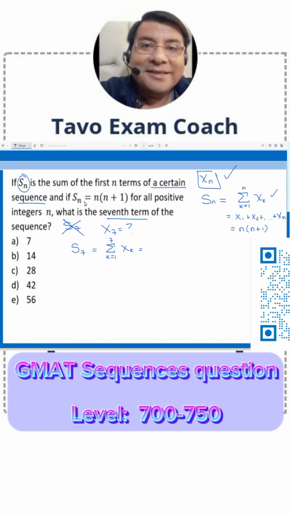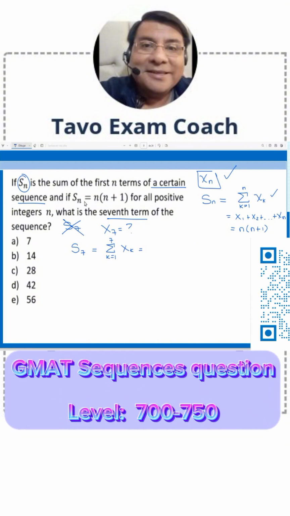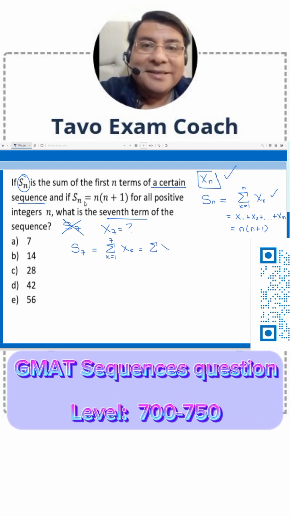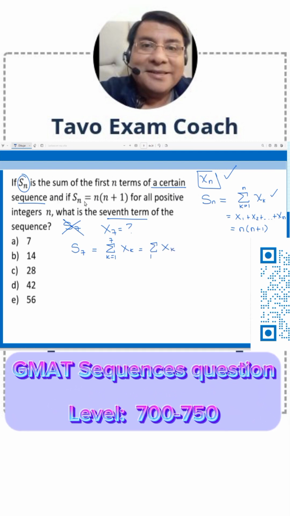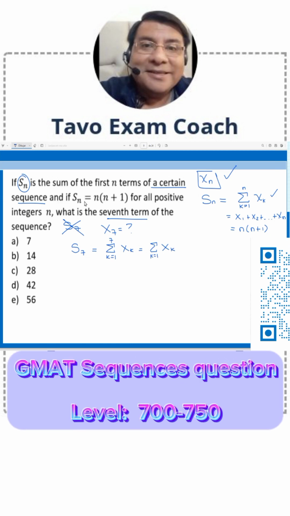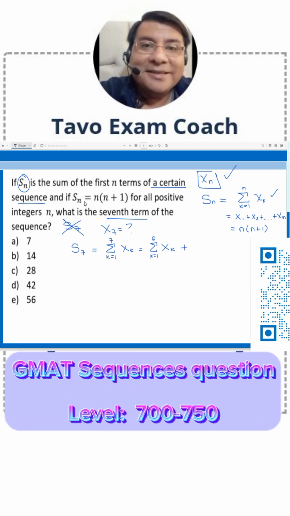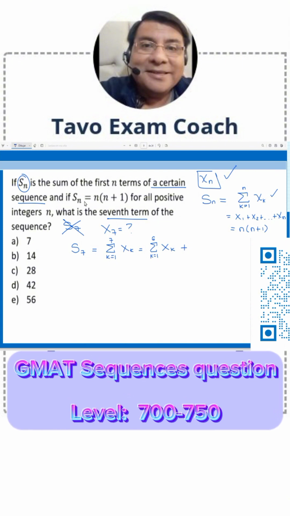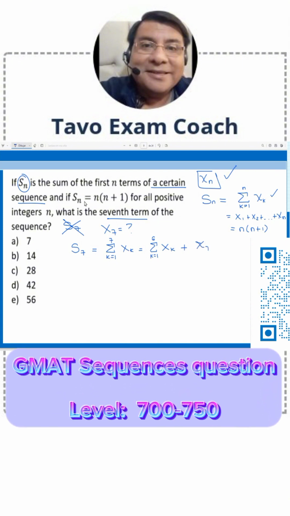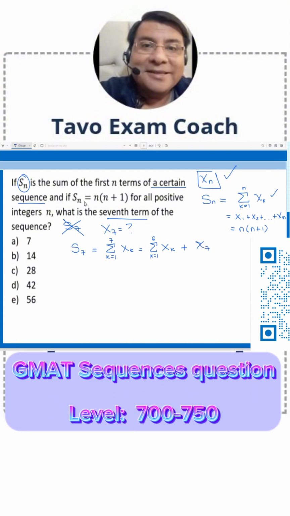But this sum we can also represent in this way. Take a look. It is the sum of all the terms in this sequence, starting from the first up to the sixth term, and then adding to the first six terms the seventh term. It's exactly the same, right?